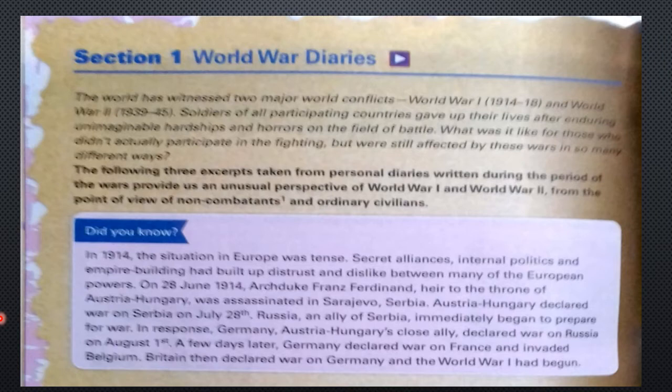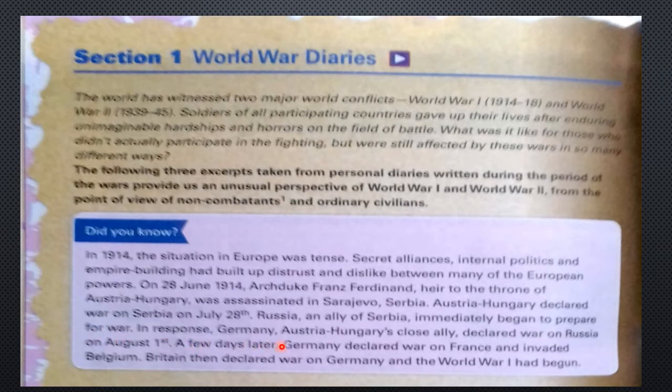So he was assassinated there. Then Austria-Hungary declared war on Serbia on July 28. Russia was an ally of Serbia and immediately began to prepare for war.